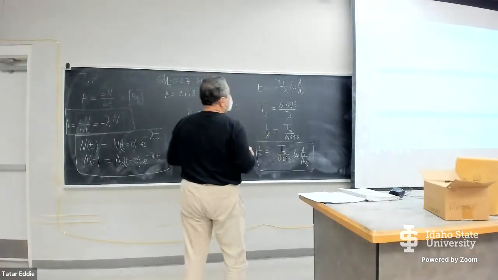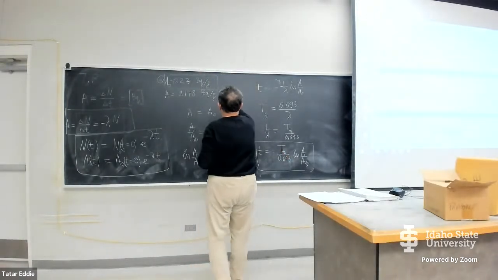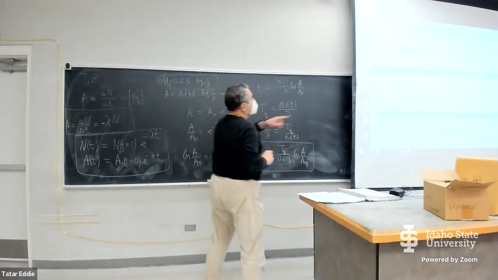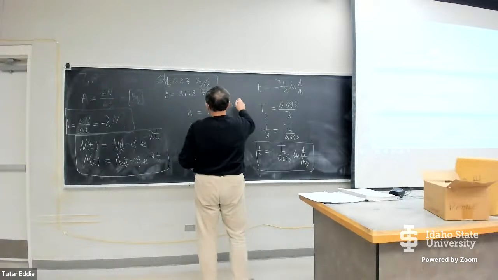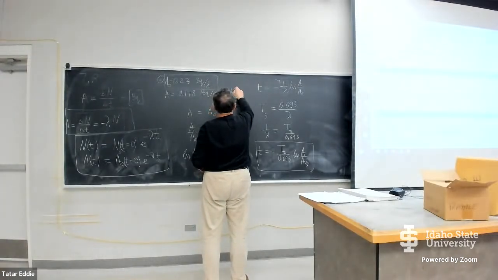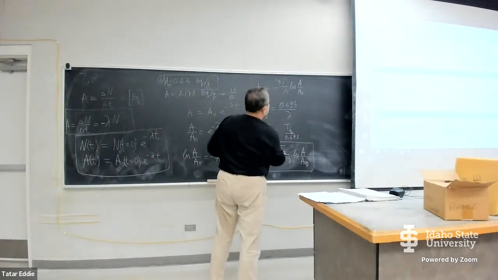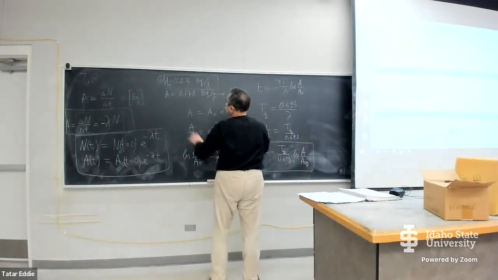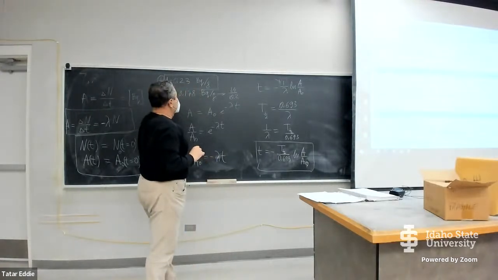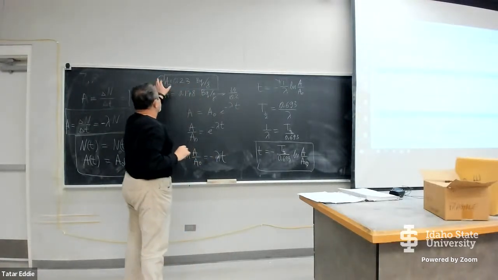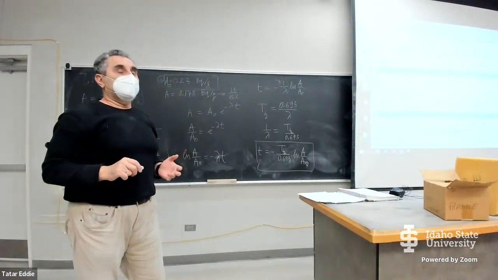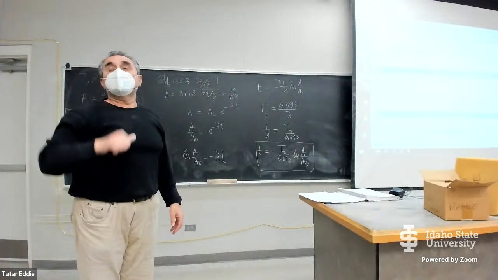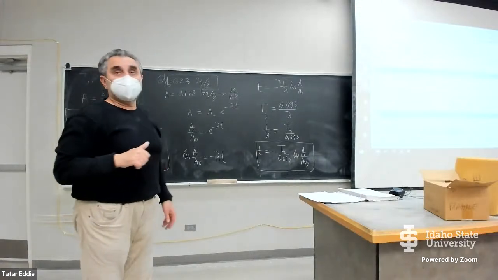You just have to say, my current activity is not 1.4 becquerels, but my current activity is 1.4 divided by 10.2. This is the only difference, because you need to know the activity of a sample that contains 1 gram of carbon, not 10.2 grams.